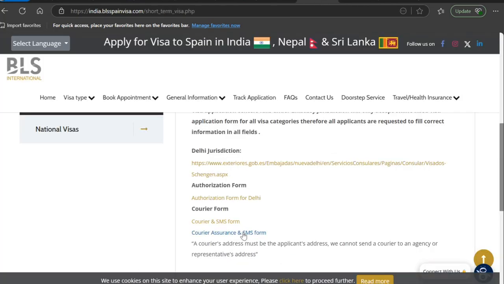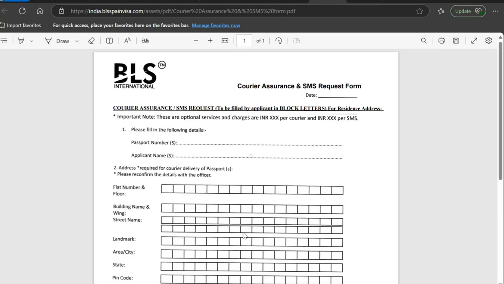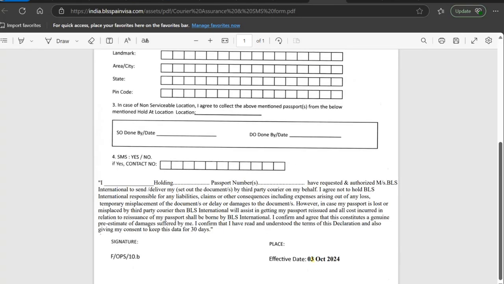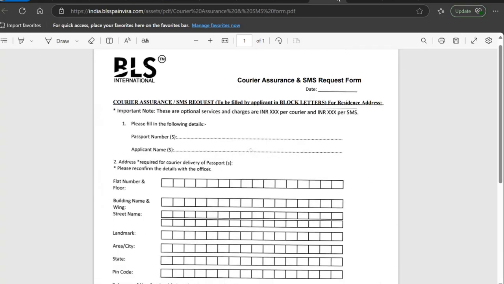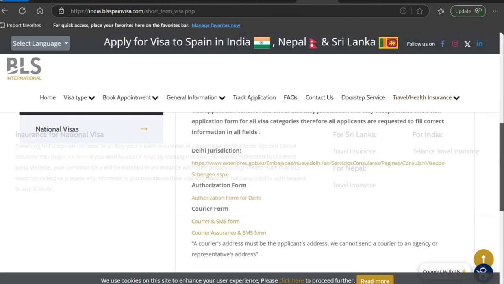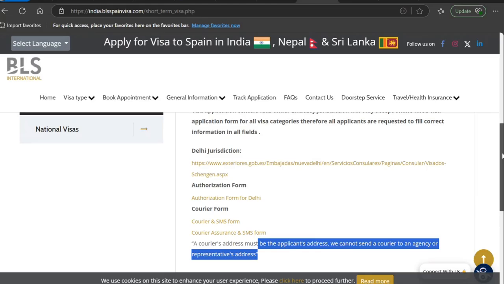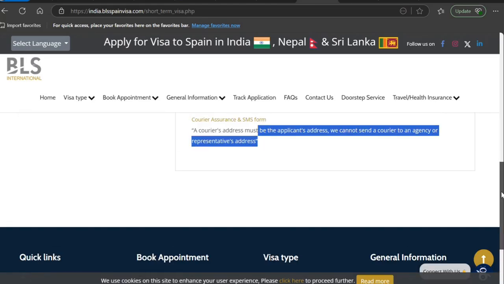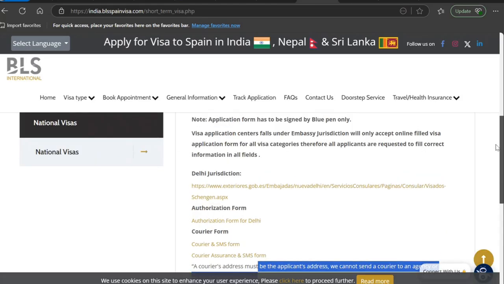Courier assurance and SMS form. Same thing. Courier address must be applicant address. We cannot send courier to an agency or representative address. Okay, fine. Yeah, that's good.